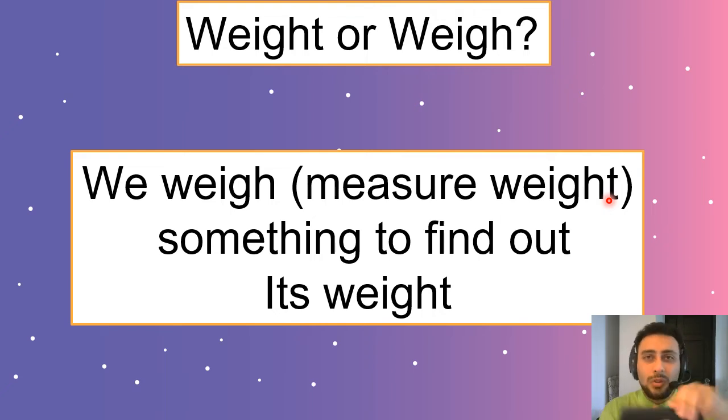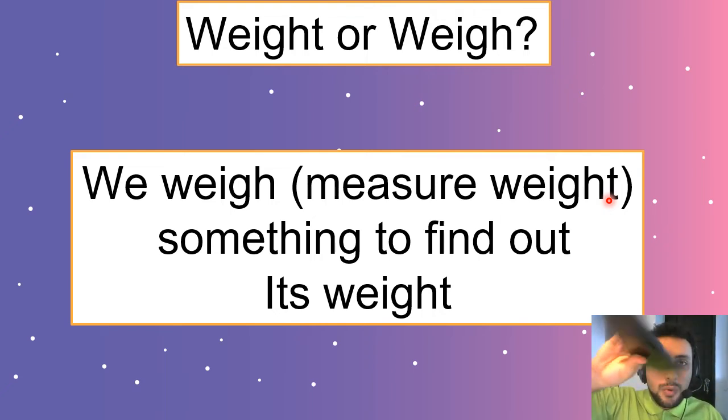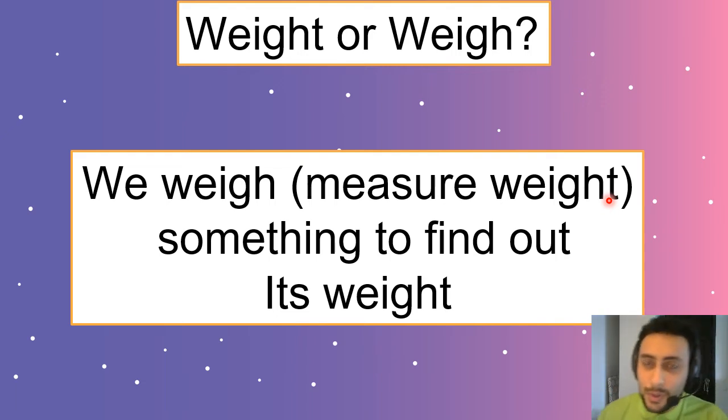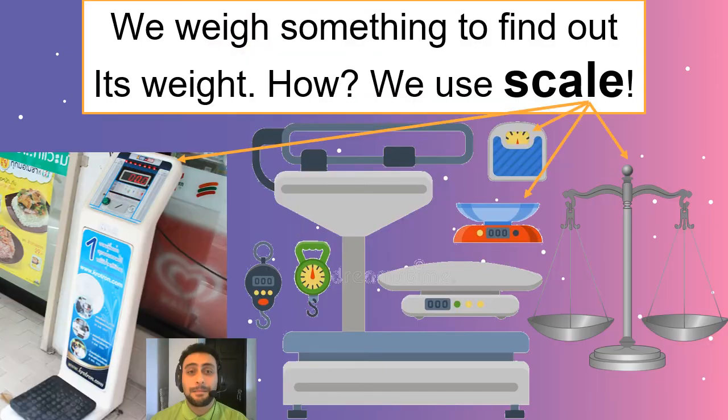Or I want to know the weight of my phone, so I must put it on a scale and weigh it. Now, I know it sounds a little confusing, but don't worry. Just know that weight and weigh are different, okay? Today's topic is about weight.